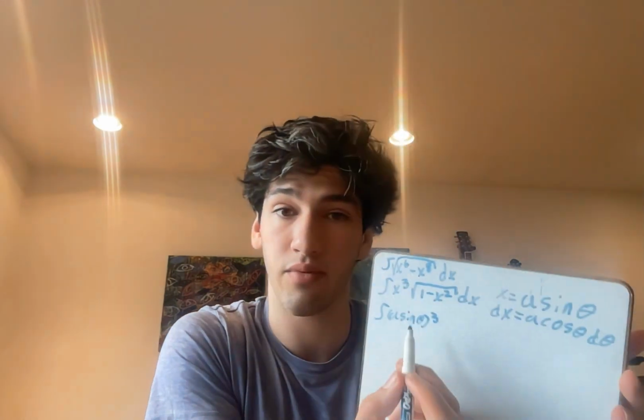That cosine squared term is in the square root, so that pulls out to just become cosine. So times cosine, times the a cosine theta d theta that we get from converting from dx to d theta.